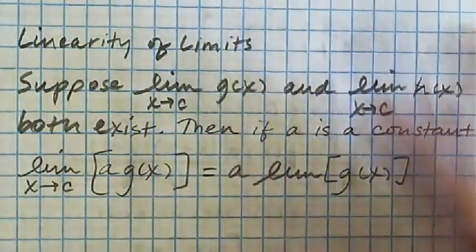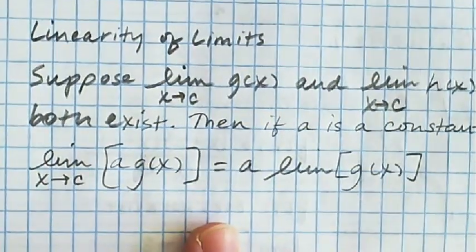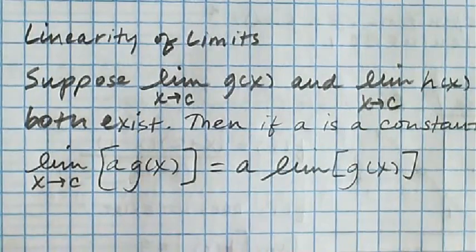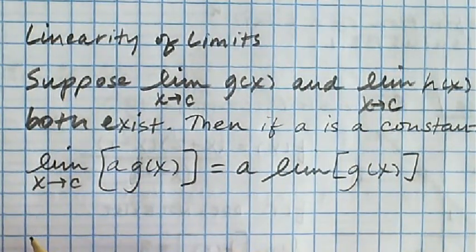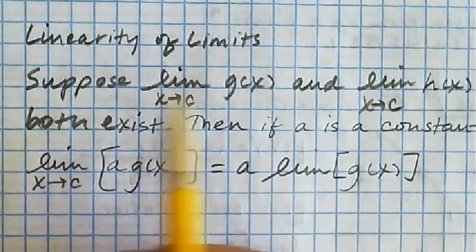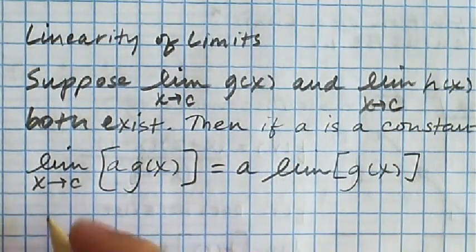So if you know a limit and they ask you about some kind of related limit, you can usually find it out. Okay, and also the sum of the limits is going to be the limit of the sums, provided that they both exist. This will be true.